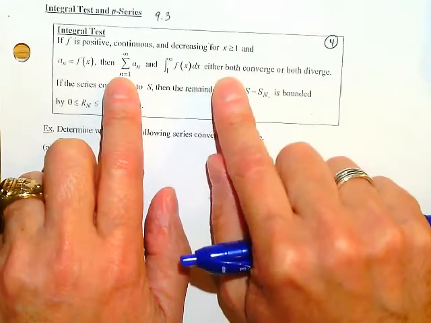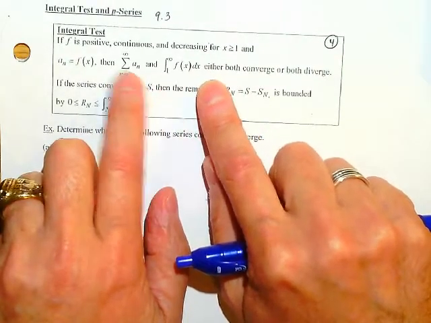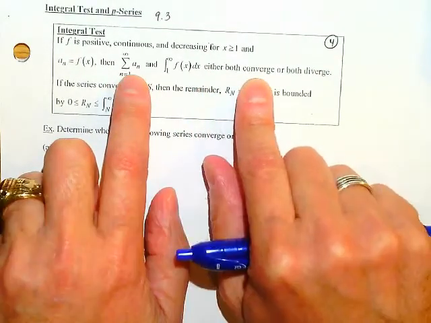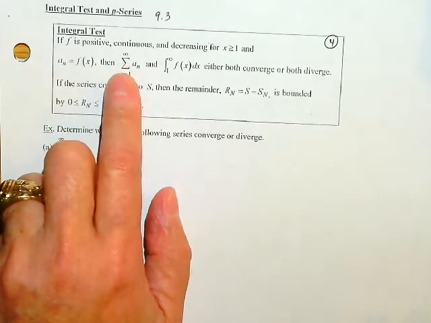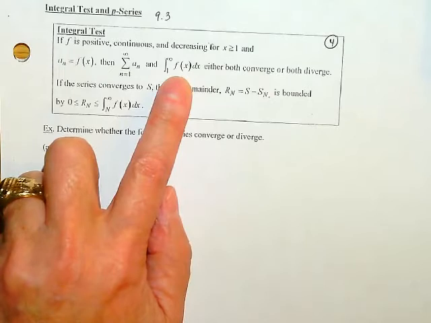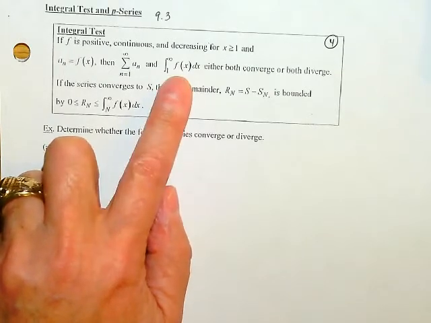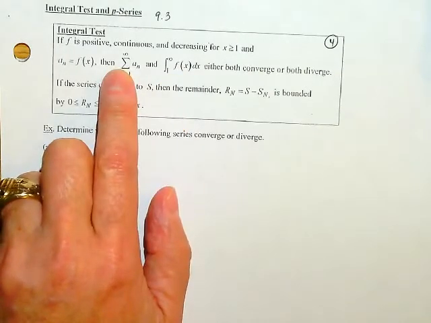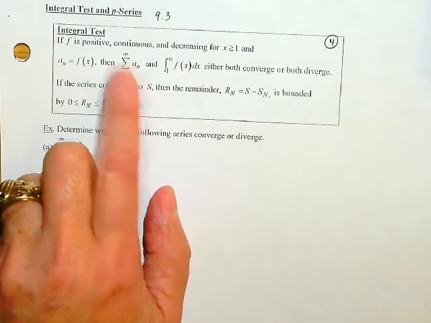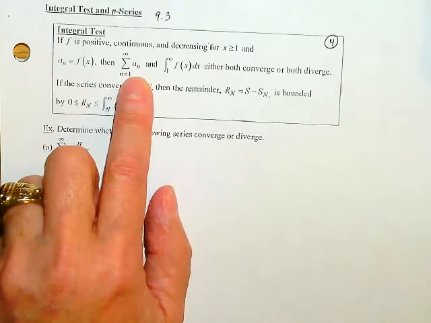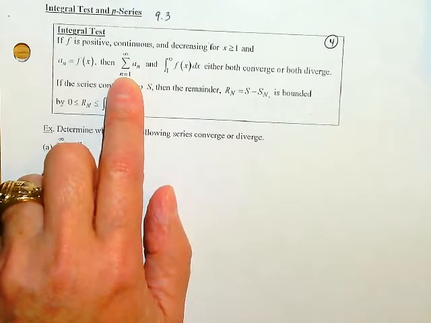They're both going to either converge or they'll both diverge. So we can make conclusions about the series based on what the integral is from 1 to infinity. If this integral converges, then the series is going to converge. If the integral diverges, then the series is going to also diverge.